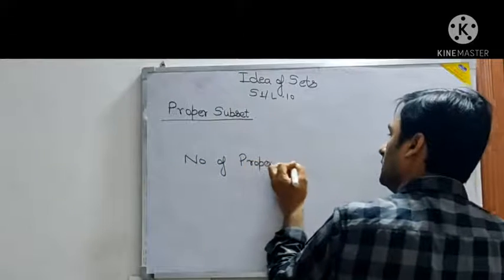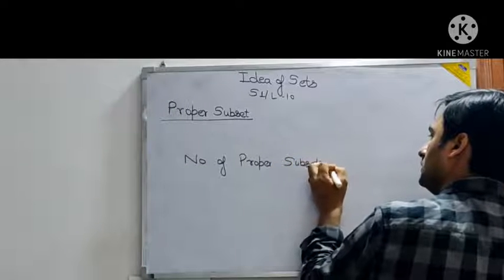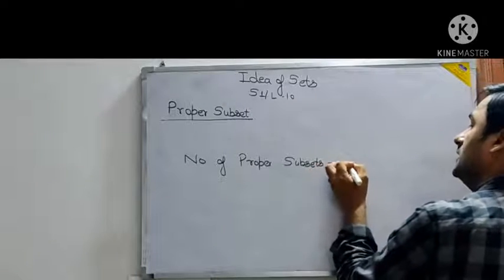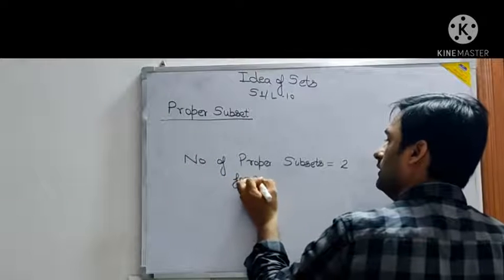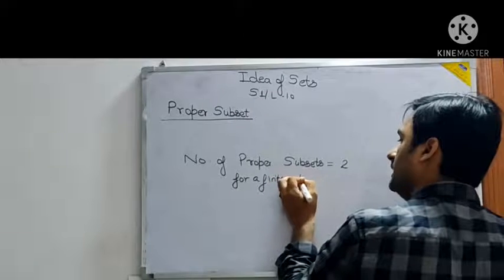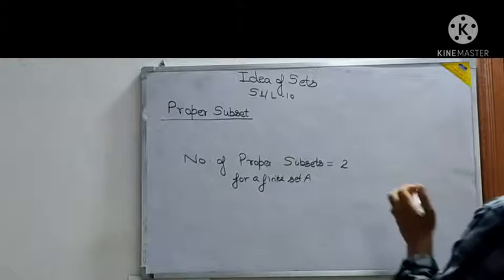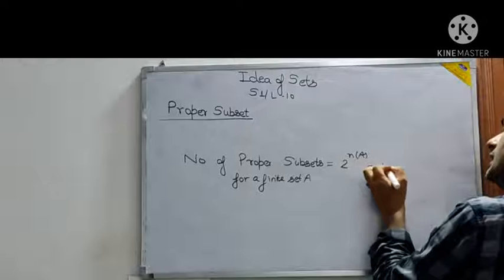Suppose there is a finite set A, then the number of proper subsets will be 2 to the power n(A), that is the cardinal number, minus 1.